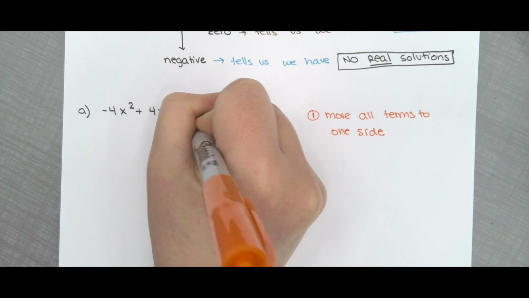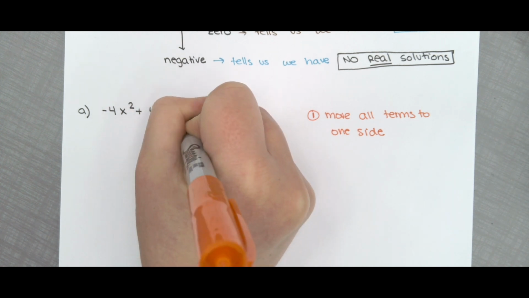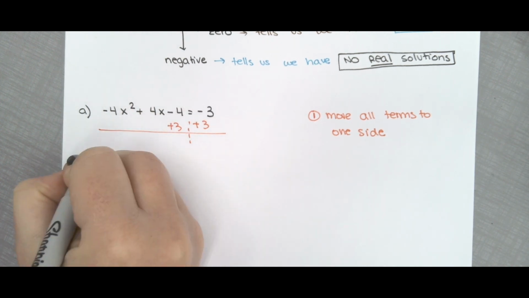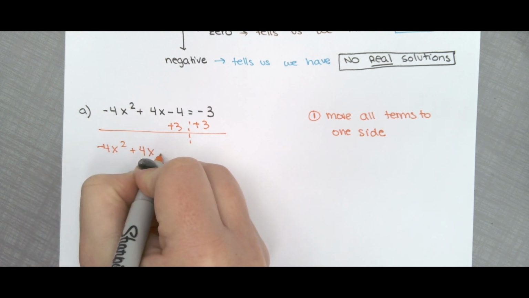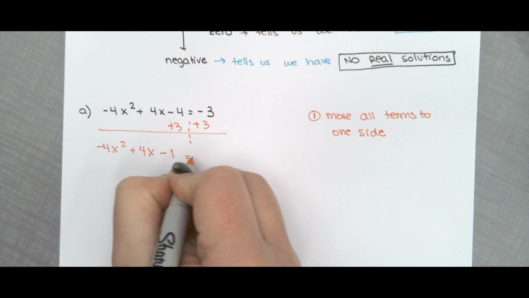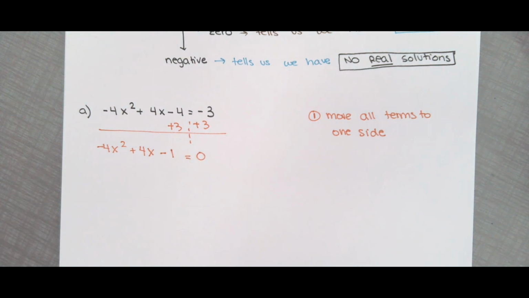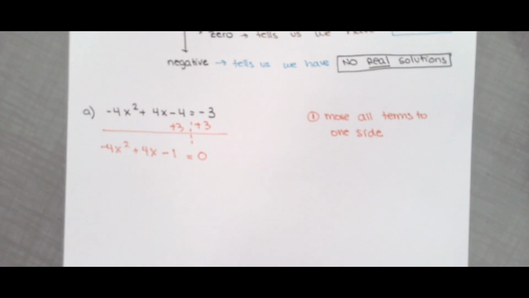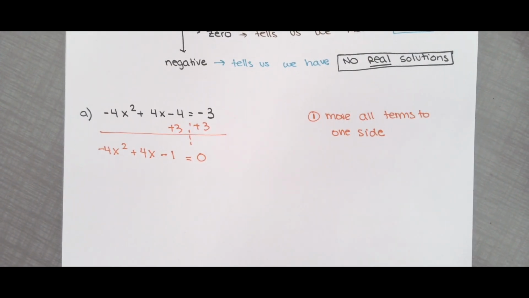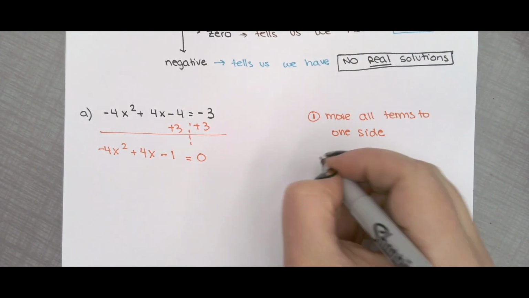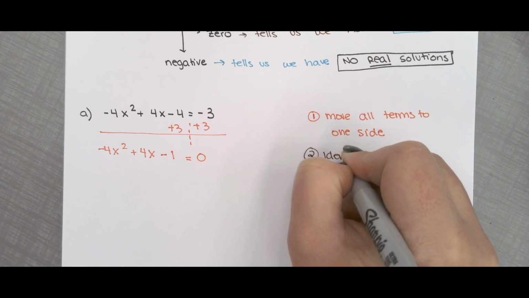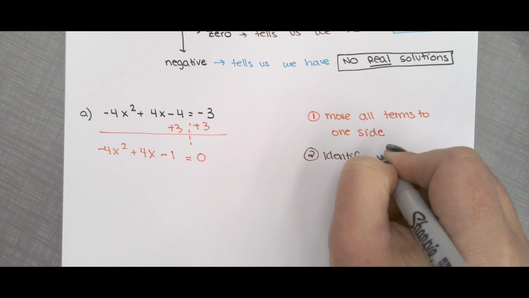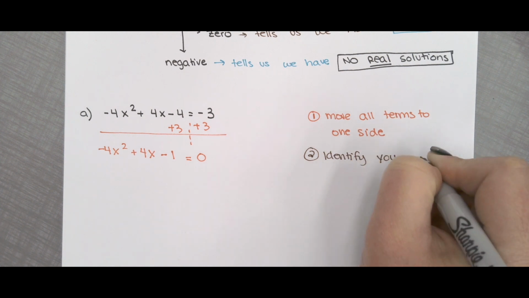So I'm going to add 3, negative 4x squared plus 4x minus 1 is equal to 0. Step number 2, identify your ABCs.